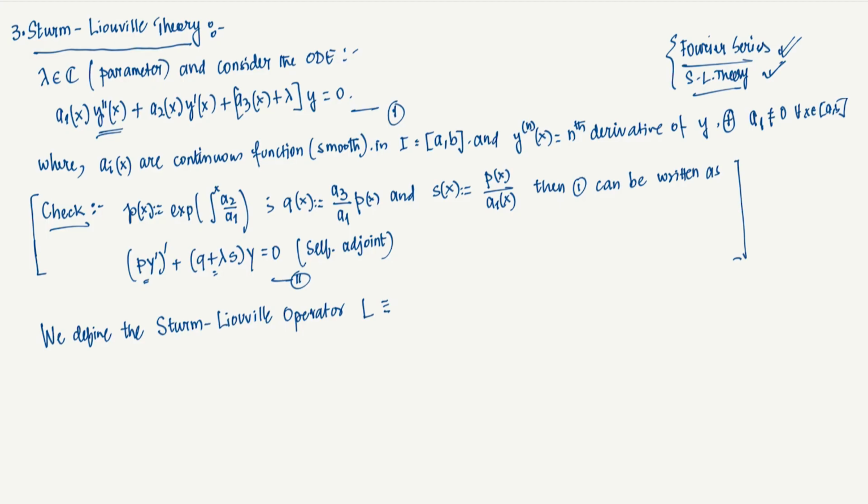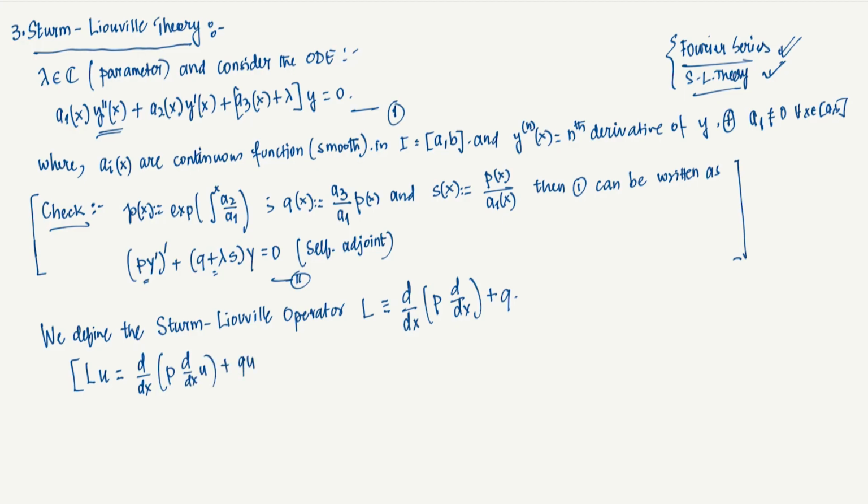We write d/dx of p d/dx, plus q. Essentially, if I put it into context, let's say L of a nice function u will be d/dx of p d/dx of u, plus q times u.